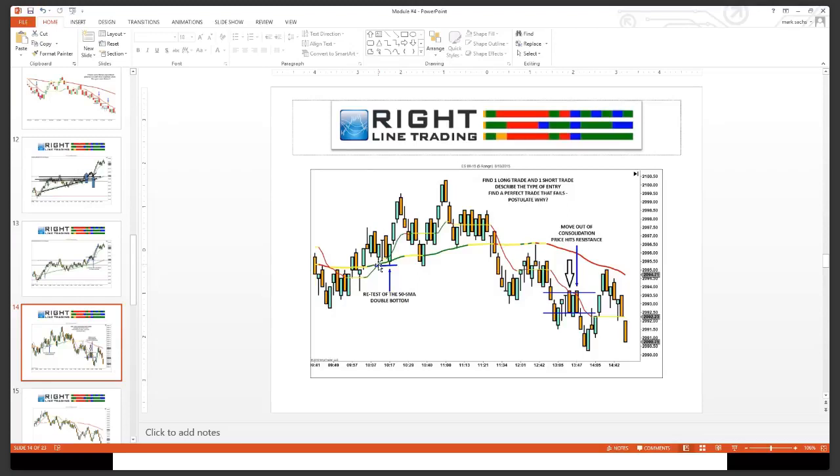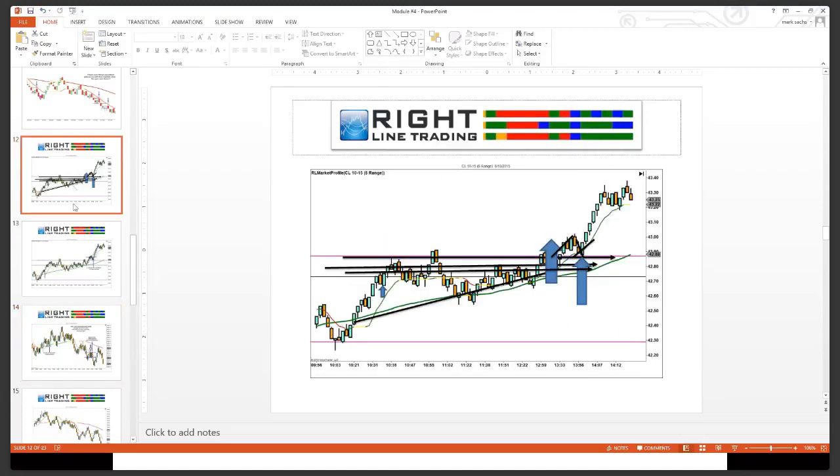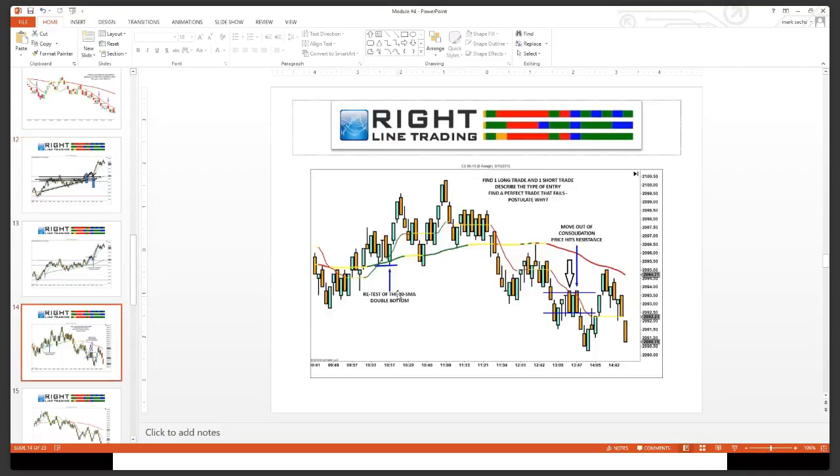Here's the same trade again, and this is not the same configuration. This is a different slide. You see this one here, and here's this one here. You break here, you come back and retest.